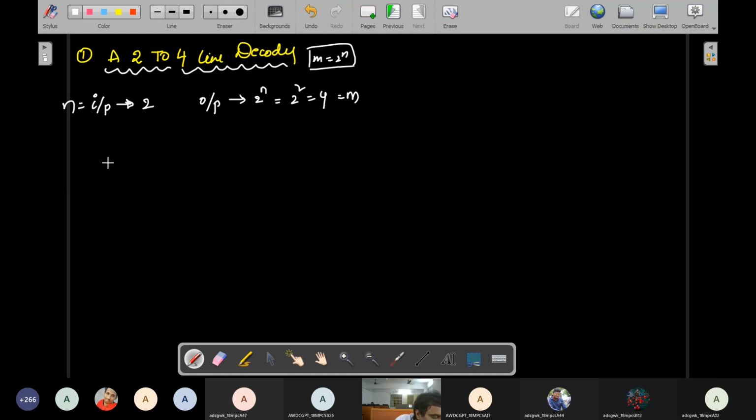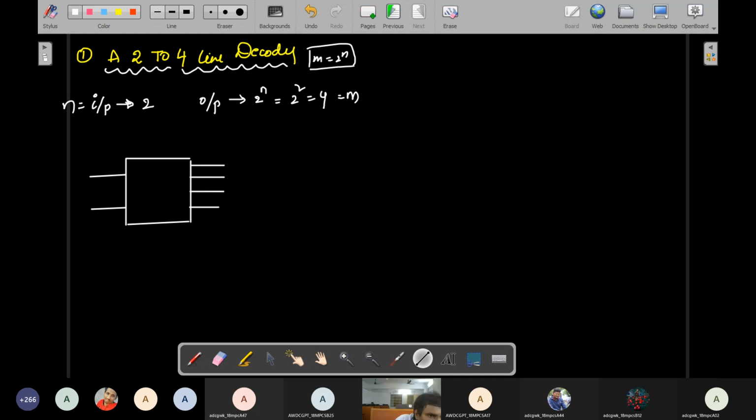Generally, you see the block diagram of a 2 to 4 line decoder. So I draw the block diagram here. This is the block diagram of a 2 to 4 decoder, in which we are giving only two inputs. These are the inputs, and you will connect 4 outputs because this is a 4 output decoder.